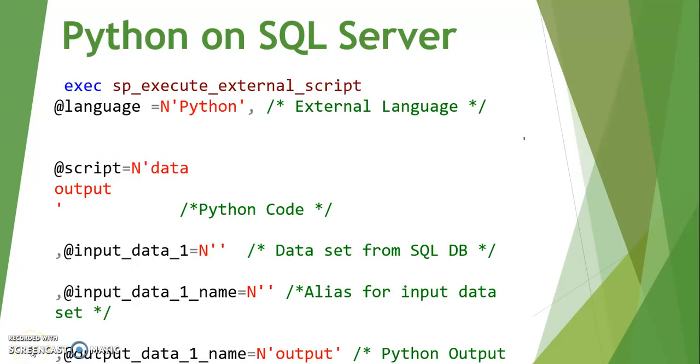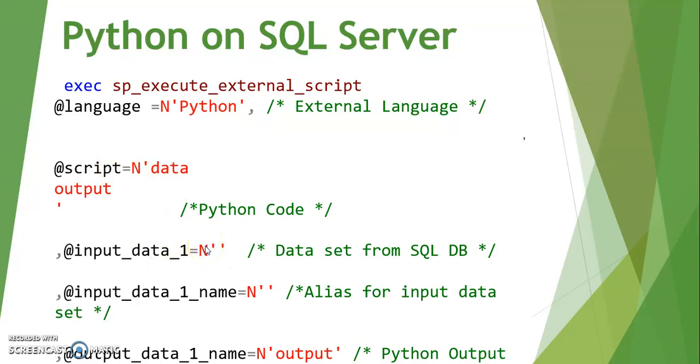Okay, first of all we need to know the sequence or the order to execute Python with SQL. Here you can see a code template that we can use to do that. The first command is to inform SQL Server that we are going to execute external scripts, and the second variable is where we store the language. Here I mentioned Python. If you like, you can use R. In this variable we store the Python code that we are going to execute, and this variable is to set the input for the Python code.